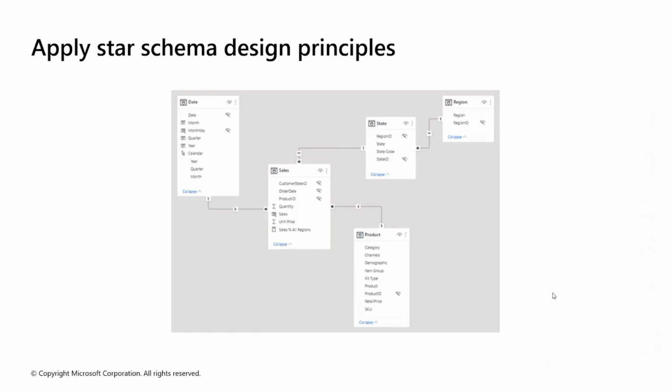It shows a star schema design comprising a single fact table named sales, and four dimension tables that support the analysis of sales measures by date, state, region, and product. Here we can notice the model relationships connecting all the tables, and these relationships propagate filters directly or indirectly to the sales table.